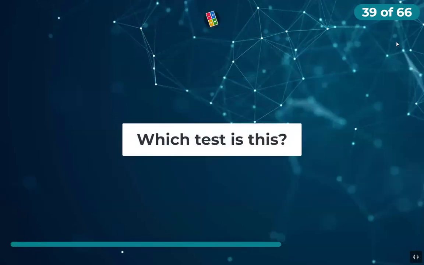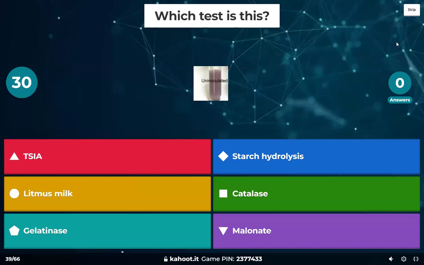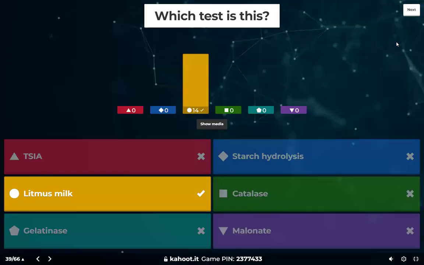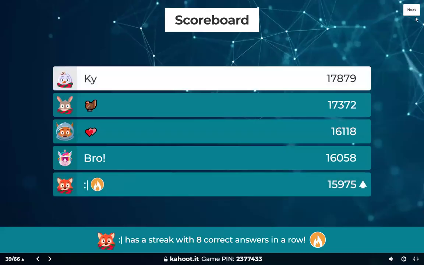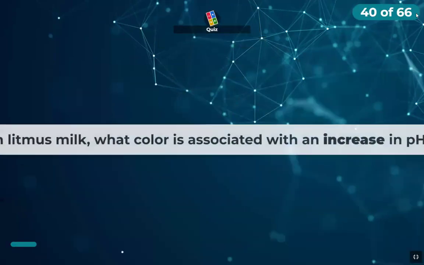Which test is the one that's pictured here? That's litmus. It's got that nice lavender color. There's a lot going on with litmus, so I'm hoping that the chart that I made is partially covered, but I guess we're following it well enough.